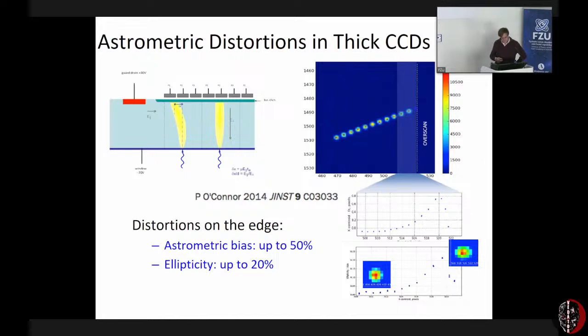An example is astrometric distortions: if you're close to the edge of the sensor and there are some electrodes there, that distorts the field, and you have some lateral field, and then your ionization, instead of drifting straight to your pixels, turns, and so you have an astrometric bias because of that.